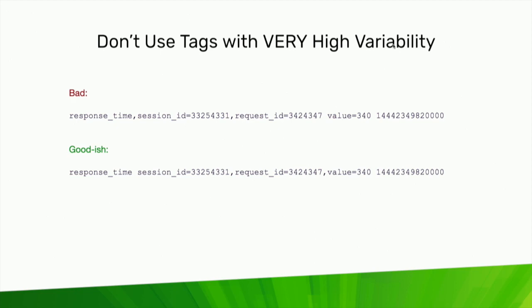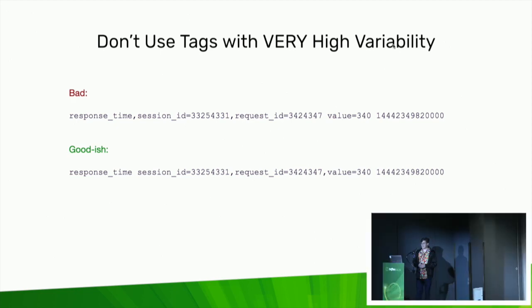The next thing that people still do fairly frequently is they use tags with very high cardinality. We've tuned the database so that we can deal with high cardinality workloads for things like container ID that might be ephemeral, that change slowly over time. But if you have something like a request ID that is changing constantly, like every single request, you're going to drastically increase the amount of cardinality you have in the database.